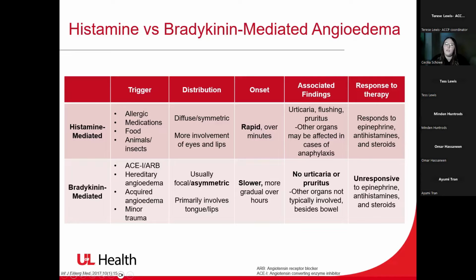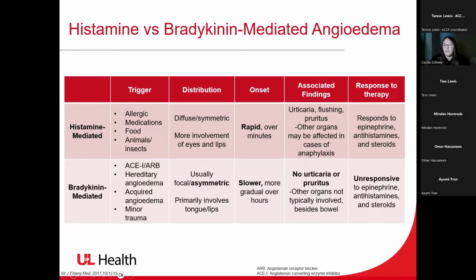The other kind that we're going to focus on for the rest of the presentation is our bradykinin-mediated angioedema. This can be triggered by a variety of things: ACE inhibitors and ARBs, which we'll talk about, hereditary angioedema, acquired angioedema, and potentially even some minor trauma. The distribution of this is going to be focal and asymmetric, as you'll see. It primarily involves the tongue, lips, and then potentially the larynx, the more severe it is.